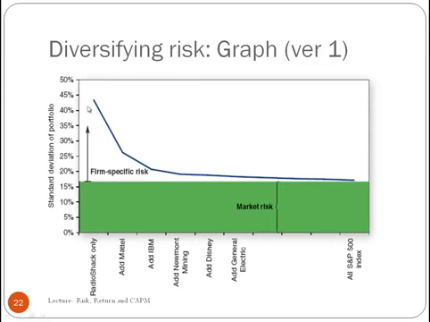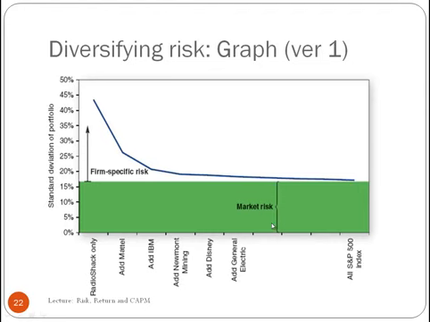This graph shows a couple of things. One, as you add stocks, the benefits accrue very quickly. Beyond a certain number, you get improvements, but the gains are much smaller. The other thing this graph shows is this green area, which is the best we can do: eliminate risk down to the top of this green area.